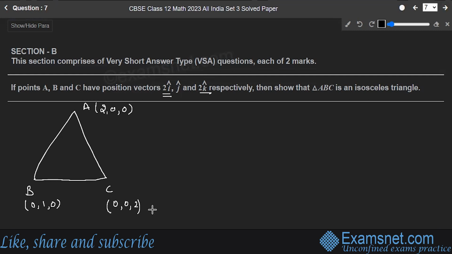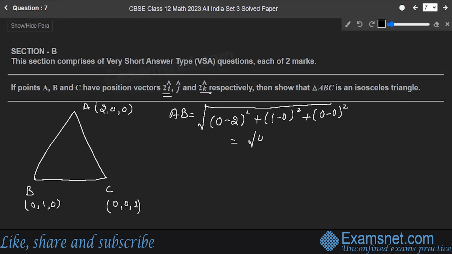Okay. Now, you have to show that ABC is an isosceles triangle. For that, of course, you have to show whether the 2 sides are equal. For that, you have to find out the length of AB. Now, AB is given by, I'm using the distance formula over here, root of (0 minus 2) square plus (1 minus 0) square plus (0 minus 0) square, which is equal to root of 5 units. Let's go to find out BC.